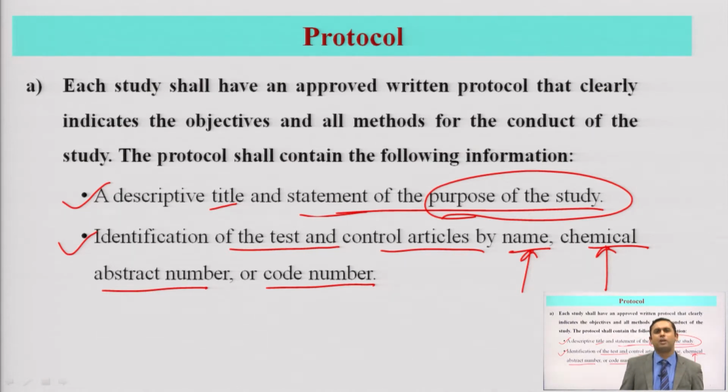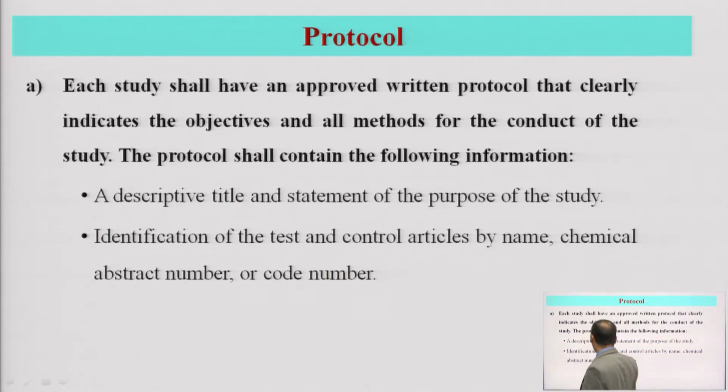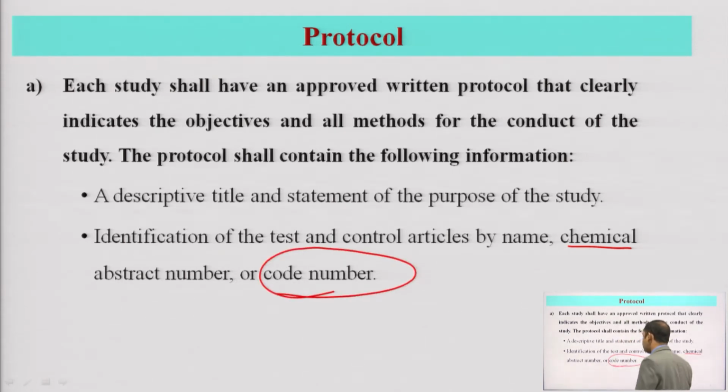Then I will lose my complete intellectual property right. The answer is yes. That is why in many cases we use the code number. If you are not interested to write the actual chemical name, which chemical you are using, in that case you can use some code number.